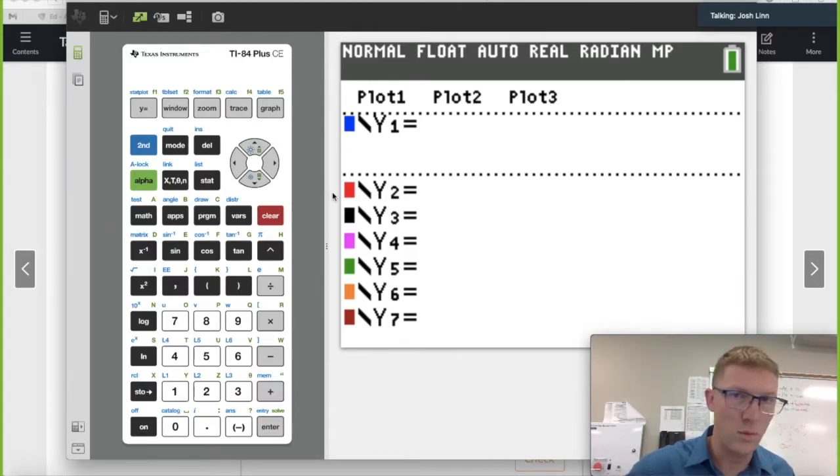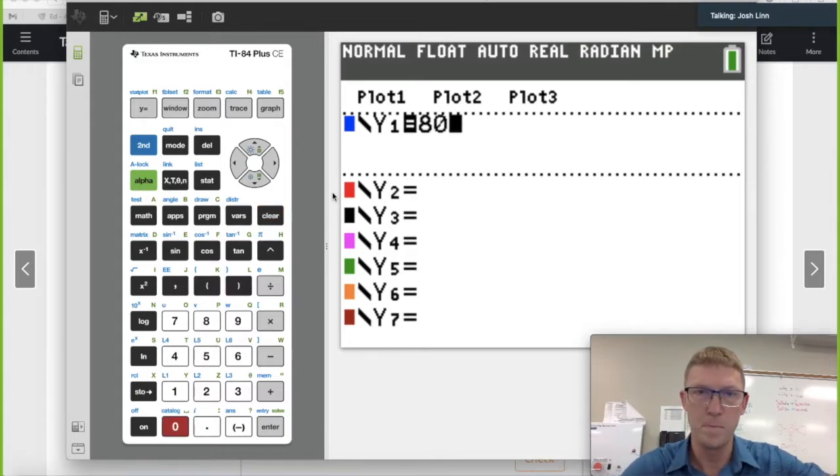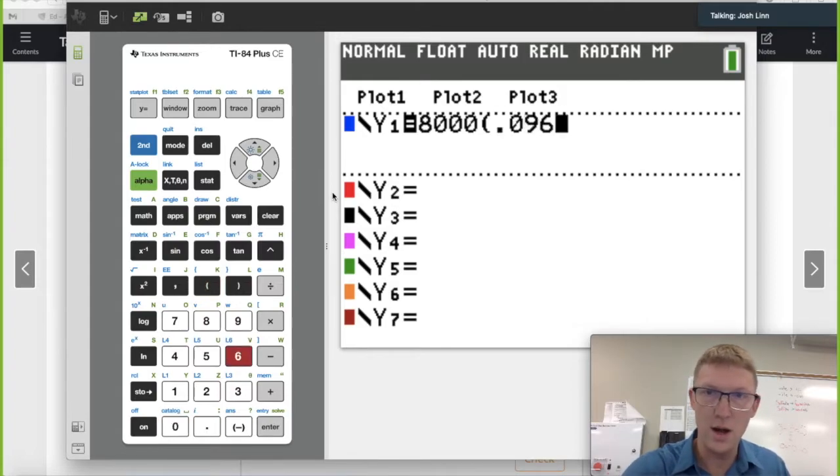So let's see here. Y equals 8,000 times 0.95 raised to the power of x. Oh no, that's what I get for trying to use the keyboard.